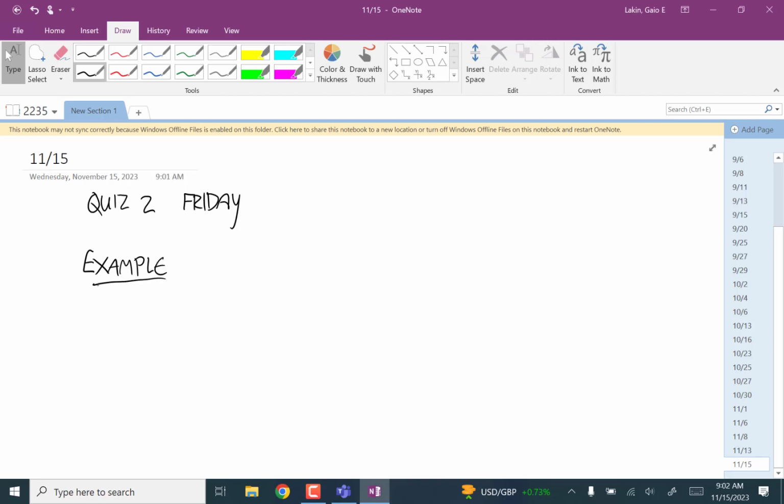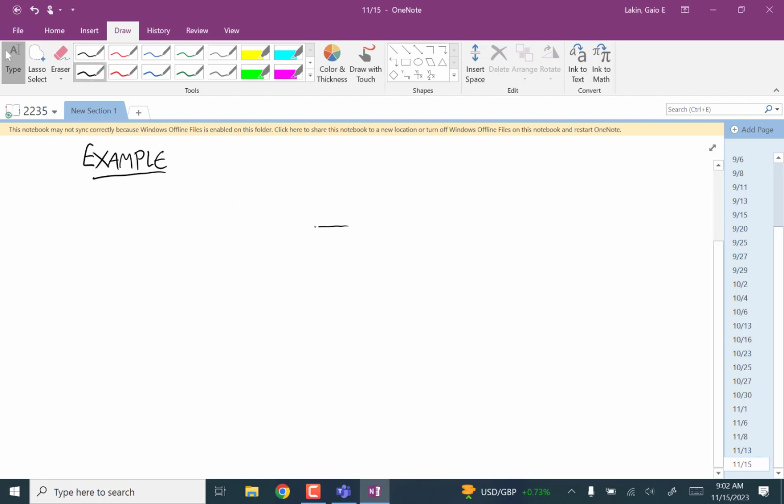Okay, so let's say we have a structure like this. That's supposed to be symmetric.